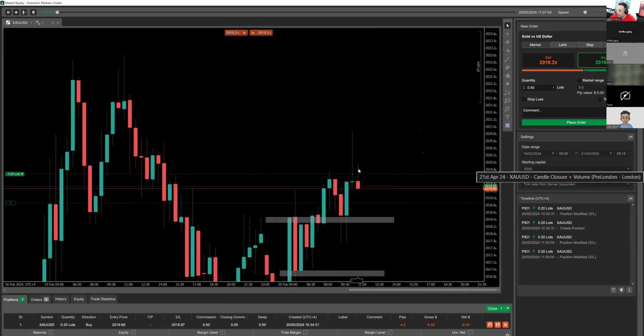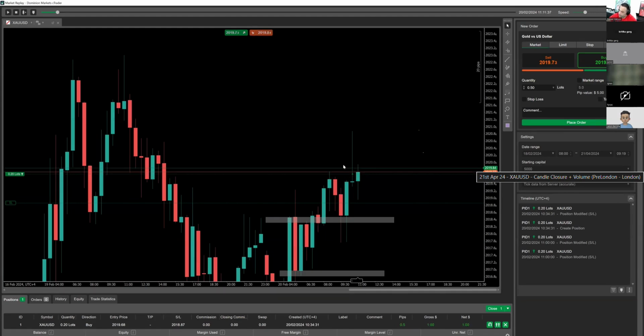So it has made a high and it's now breaking the previous candle's low, right? What happens to the session trend? So this is a session trend or candle trend. What happens to the candle trend once it breaks the low of the previous candle? That means downtrend, right? Because now it has broken the low of the previous candle. So now there's a high probability for it to continue pushing down.